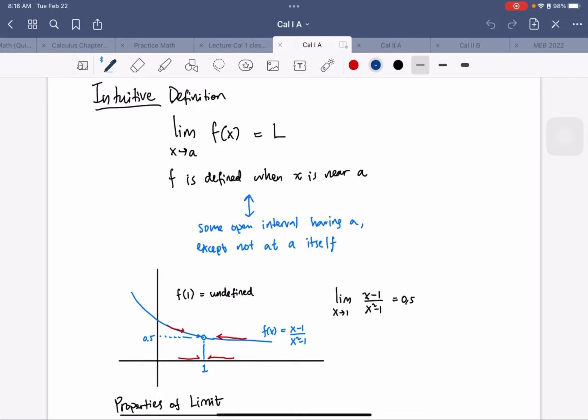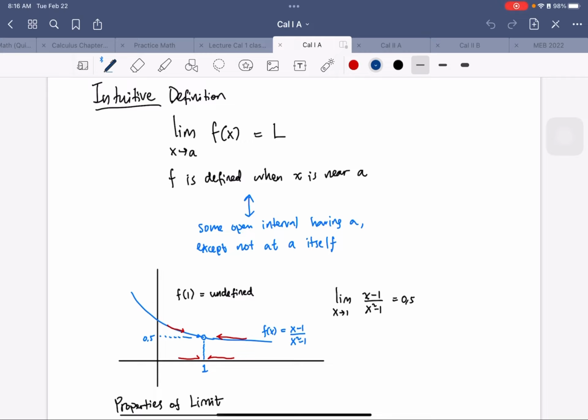Like for example, this limit here. We have a function. Let's say we have x equal 1, and this is our function. Of course, when we are evaluating the function at x equal 1, we know that it will be undefined, right? So based on this function and what happens at that point, we know that f(1) will be undefined.